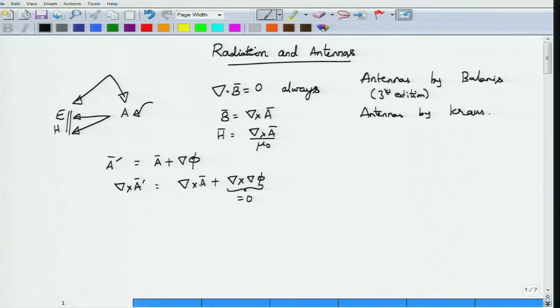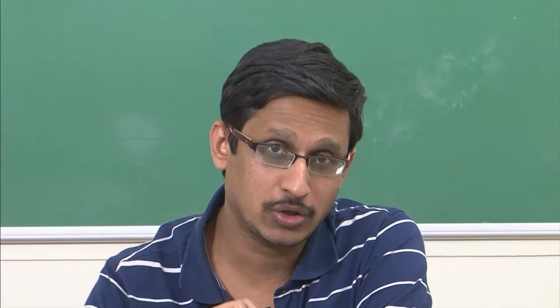So there is some sort of an ambiguity in defining A. We get around this ambiguity in the same way we got around the ambiguity for scalar potential. We said that in the scalar potential case there could be some ambiguity, but we are not interested in the actual potential at a point. We are only interested in the potential difference from one point to another point, because those are the meaningful results that we can have.